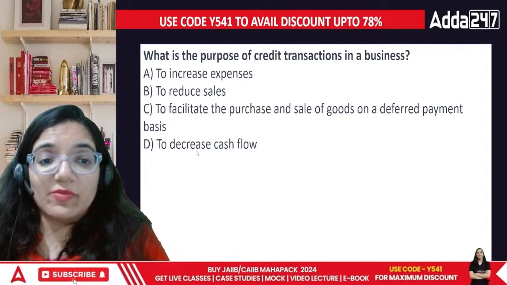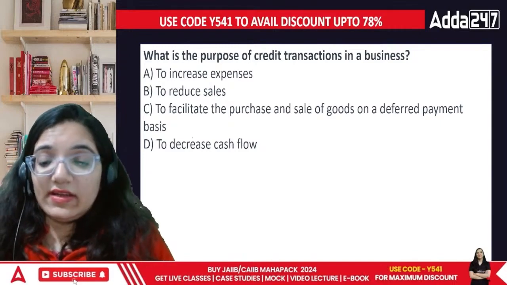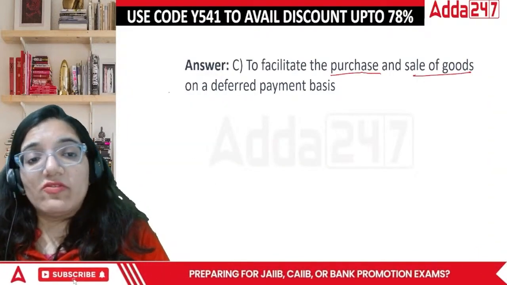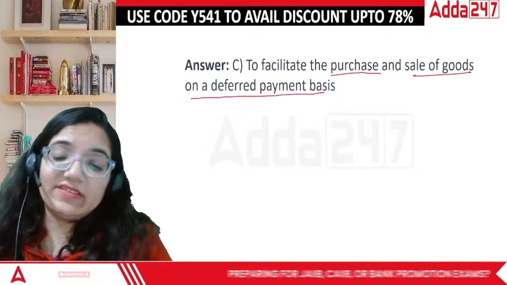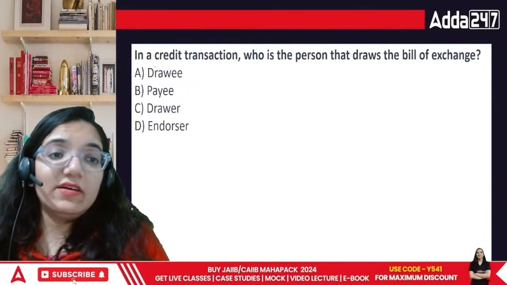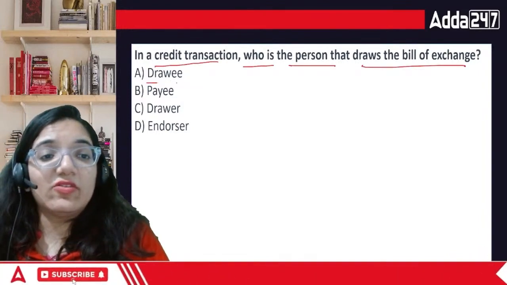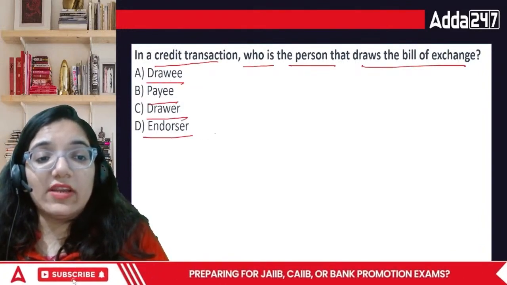So in this case, what would be the answer? The correct answer is going to be to facilitate the purchase and sale of goods on the deferred payment basis. Now, in a credit transaction, who is the person that draws the bills of exchange? Drawee, payee, drawer, endorser.